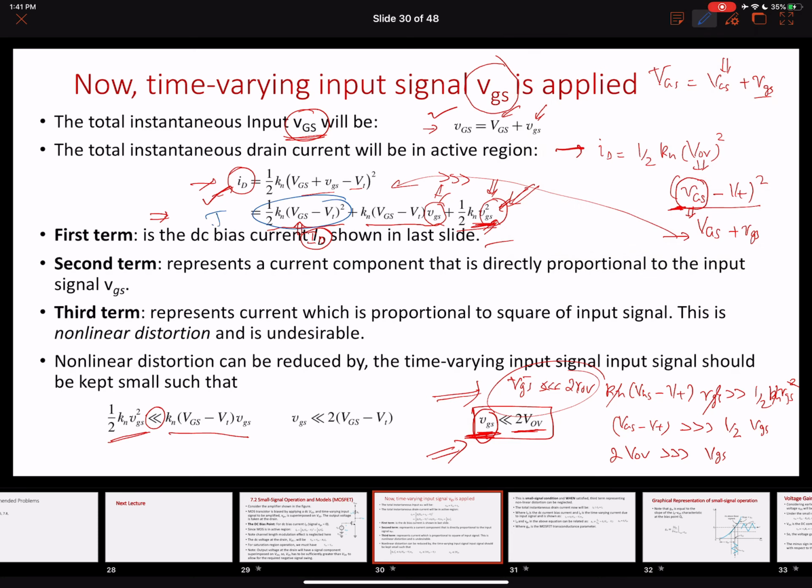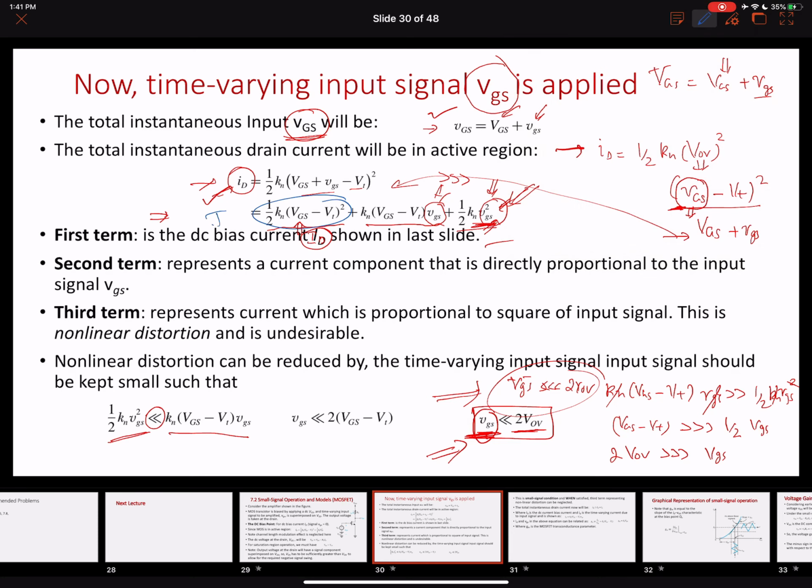We will come back to this gm value again, because we are going to use it in multiple problems and multiple amplifier configurations. In the next lecture, we're going to do different amplifier configurations, derive different equations, and use this transconductance parameter again, which equals Kn VOV.